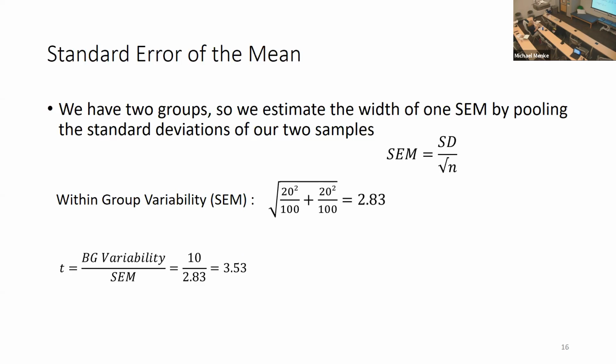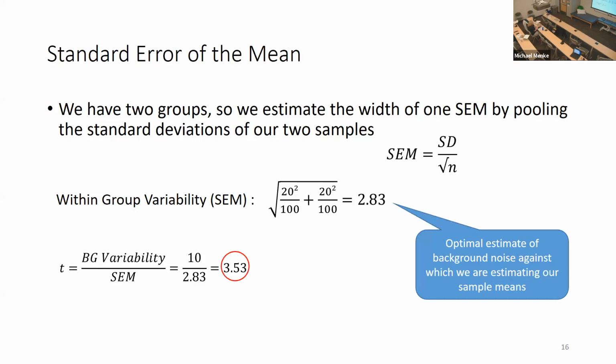That's my noise, my background noise, in the population, not the sample. It's an estimate of background noise in the population. I have my between group variability of 10 pounds. I have my within group variability. One standard error is equal to 2.83. Then I form my test statistic right here. Does this all sound familiar?